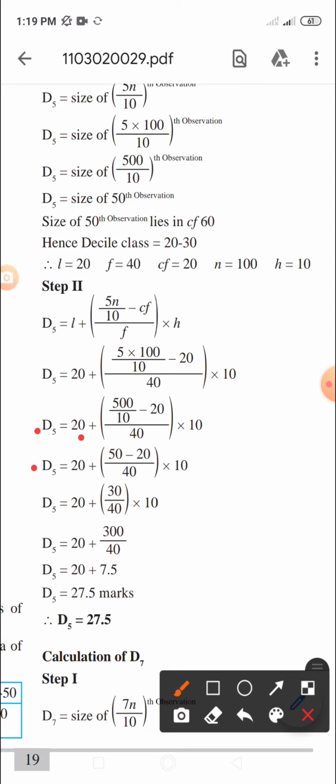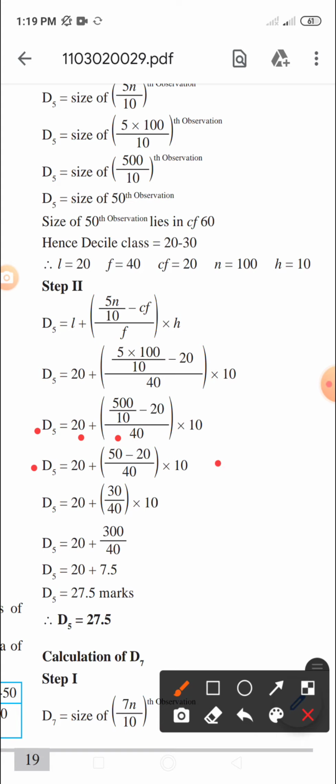So D5 is equal to 20 plus, into bracket, 500 upon 10. Answer is 50. So 50 minus 20 upon 40, bracket complete, into 10.